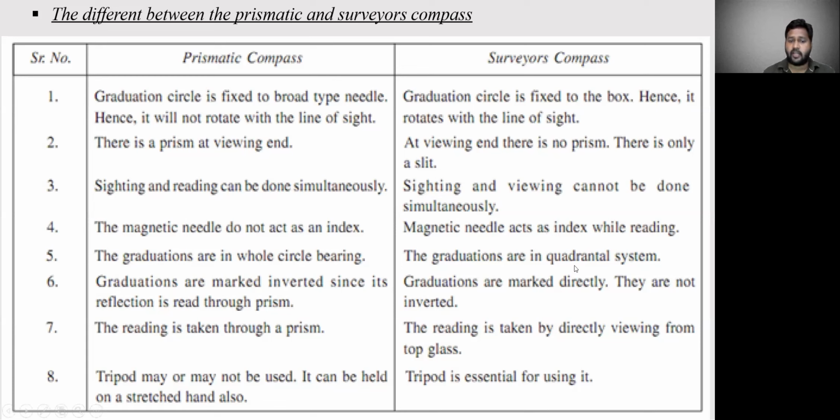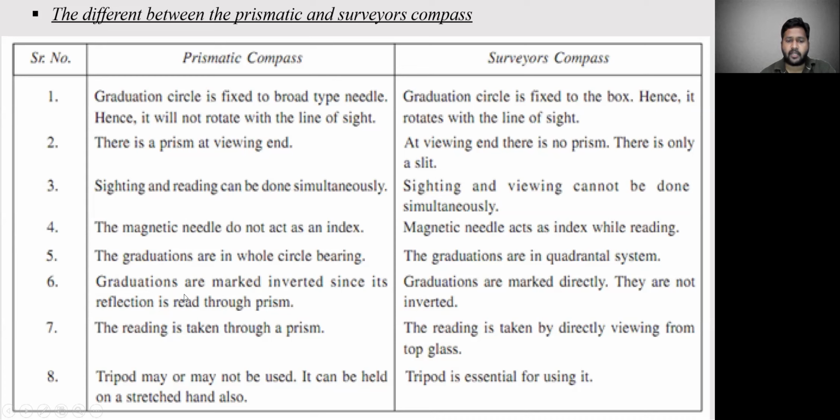Whole circle bearing means the angle starts from 0 to 360 degrees, whereas quadrantal bearing is 0 to 90 degrees, in the northeast, southeast, southwest and northwest. The readings are taken in the quadrantal system.